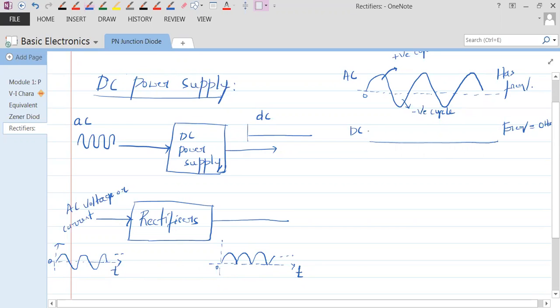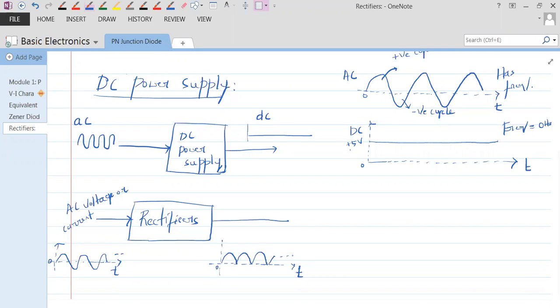And one more thing I should tell you is this DC also comes with some voltage. Say this is your X axis, which is time, and this is also time. If this is 0 volts, the DC may come with plus 5 volts or 12 volts. Everybody should understand the electronic devices.